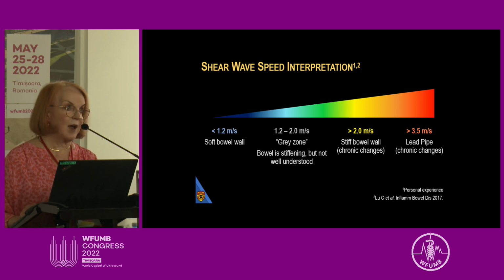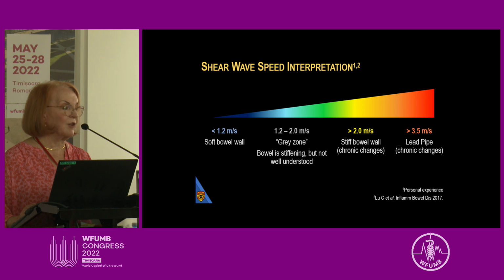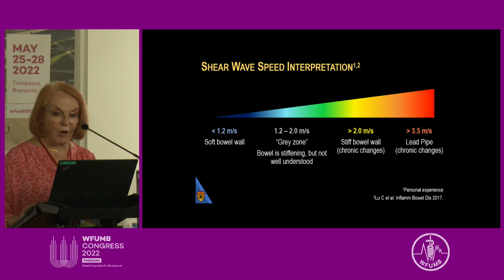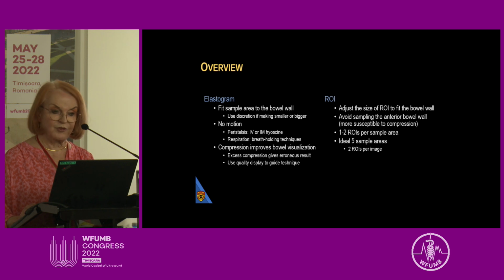And of course, by the time they're up in the 3 and 4 meter range, those bowels, when they're taken out, they're like a pipe, basically. This is from our personal experience, and then we did publish from the University of Calgary our experience with a relatively small sample, but where we did have good correlation, and all of the bowel over 2 meters per second was abnormally muscularized, almost without exception.